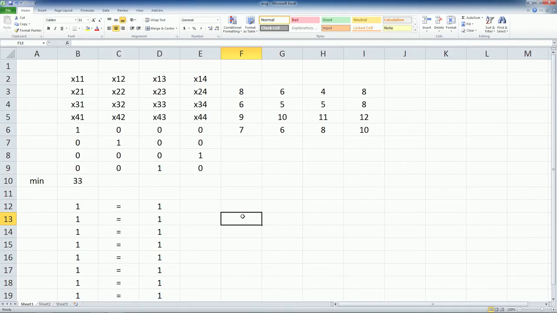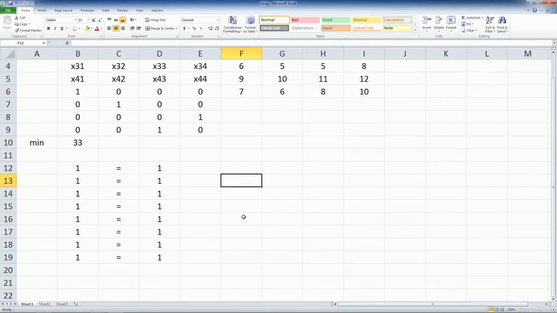Now we want to find out the best assignment. So we define these Xij's, and as I said, we have 8 constraints, 4 each for the jobs and 4 each for the people. And they are all equations because each job goes to exactly one person. So the right hand side values are all 1. So look at this.